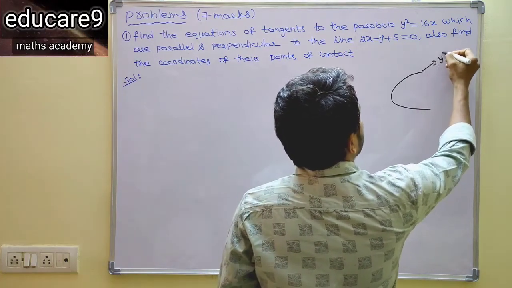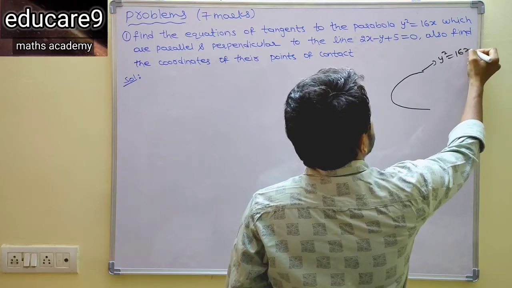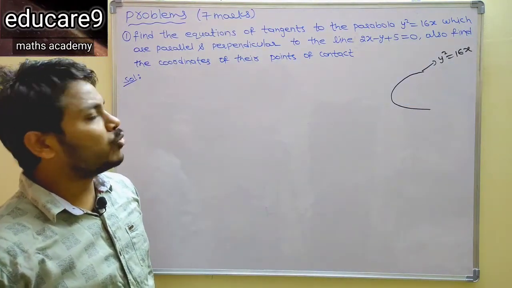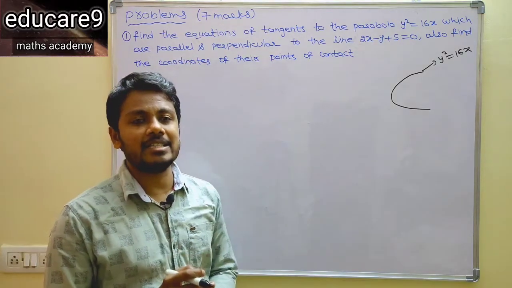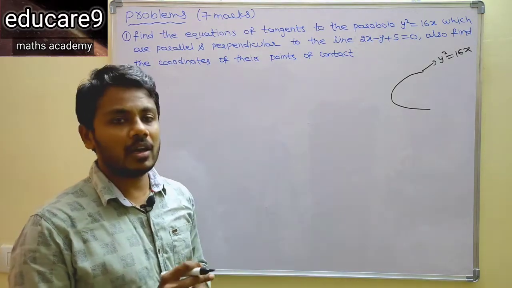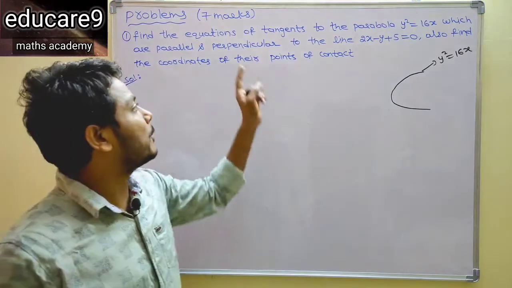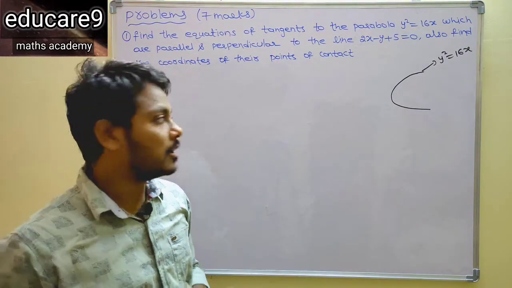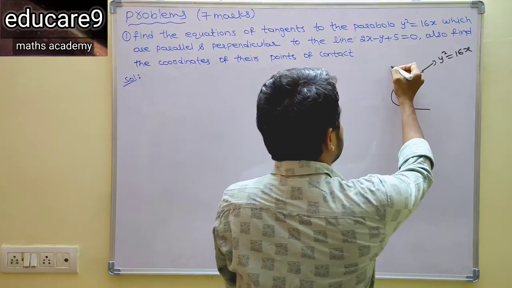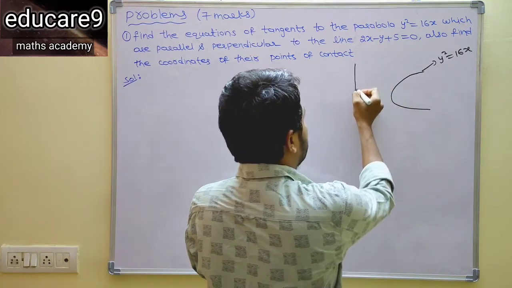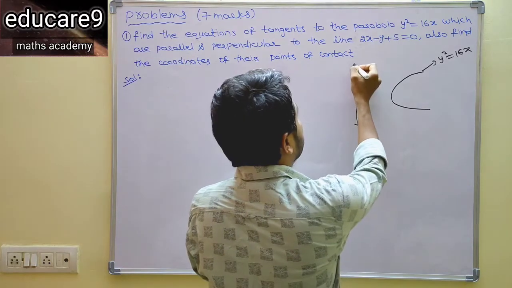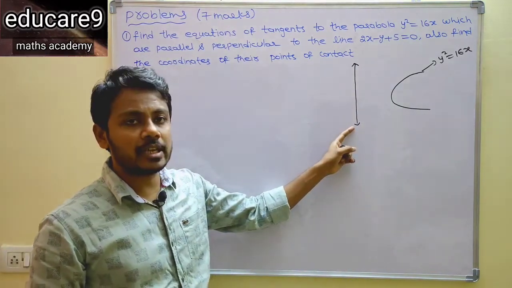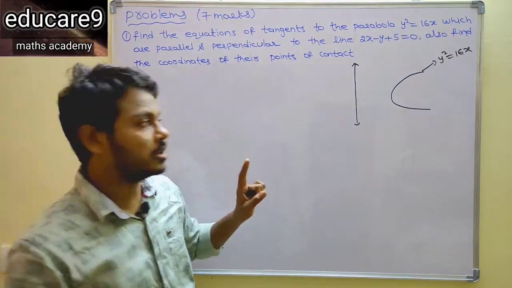y square is equal to 16x. Now you need to find the equation of the tangent to the parabola. The tangents are parallel and perpendicular to the line. See here, this is the given line. So the required tangents are parallel to this line and perpendicular to this line.